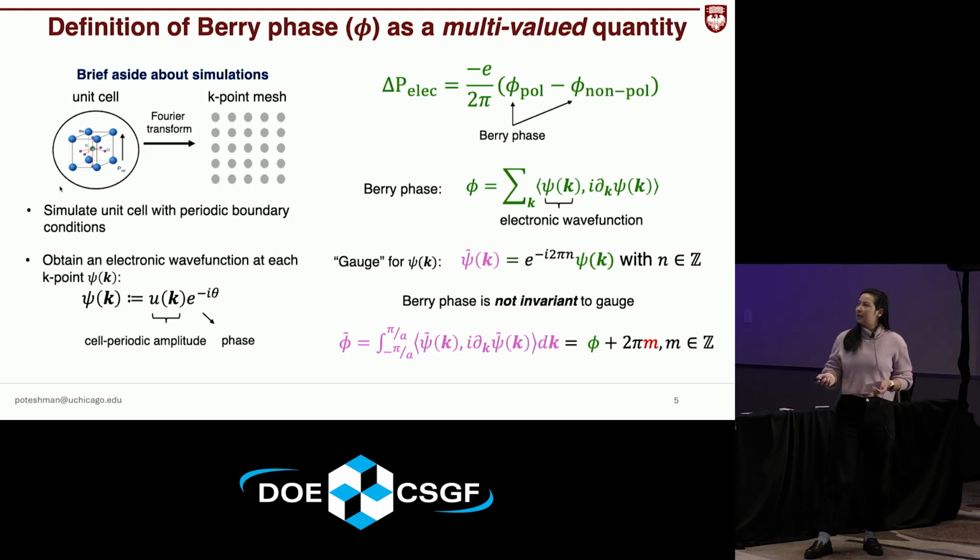In particular, if you have some wave function and you compute the Berry phase, and then you apply a gauge transformation to those same wave functions and recompute Berry phase, you're not necessarily going to get the same number. As a result, Berry phase is defined not as a single number, but as a spectrum of numbers, where the different numbers correspond to the different possible gauge transformations of your wave functions. Also crucially, when we obtain our electronic wave functions at each k point, we know that we have a physically valid wave function, but we don't necessarily know a priori which gauge it's written in.